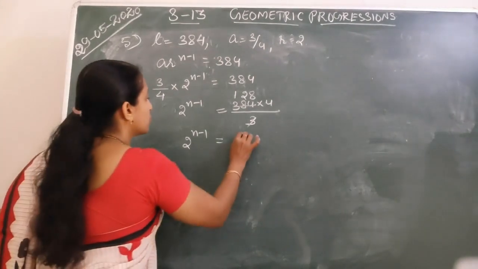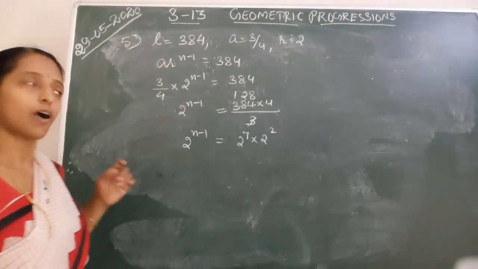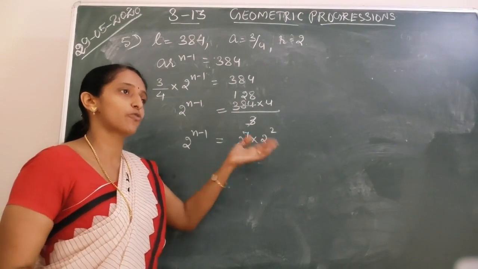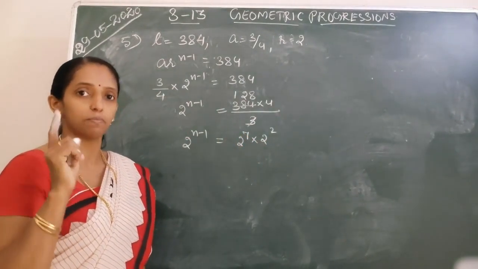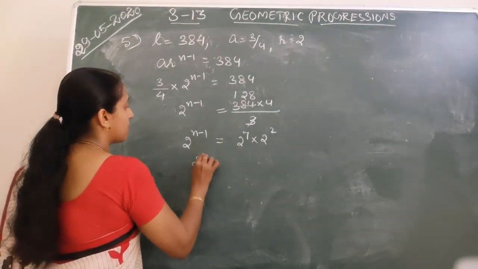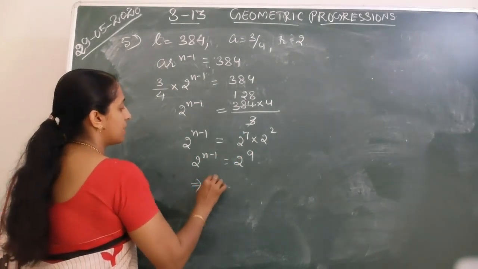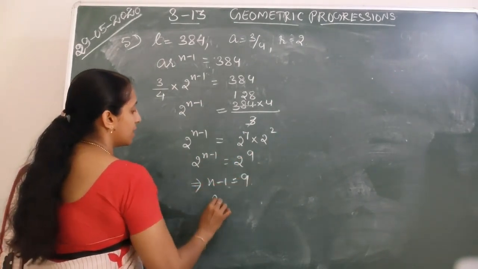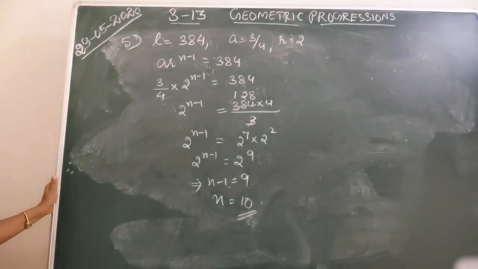So 2 to the power 7 into 2 to the power 2, or you can multiply 128 into 4, then make it a power of 2 by prime factorization. So 2 to the power n minus 1 equal to 2 to the power 9 implies n minus 1 equal to 9, n will be equal to 10. So number of terms, n will be equal to 10. Write down.